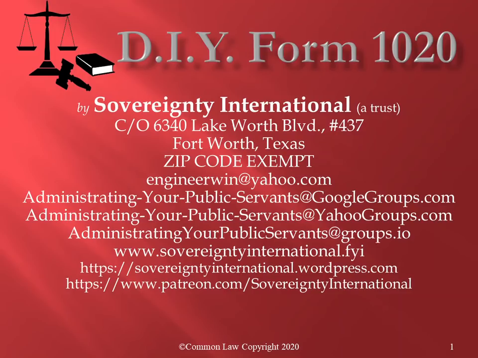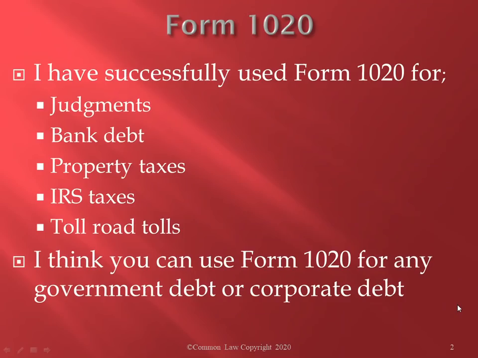Sometimes they just run away and hide, and sometimes you have to enforce it. But the bottom line is that Gary says that it works every time he uses it, so I think he's right. Anyways, so I've successfully used Form 1020 for judgments, bank debts, property taxes, IRS taxes, toll roads. I think you can use Form 1020 for any government debt or corporate debt.